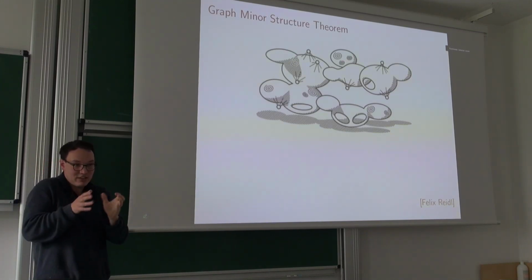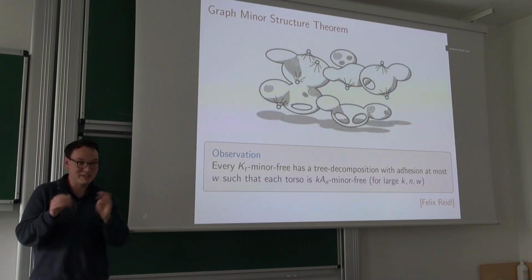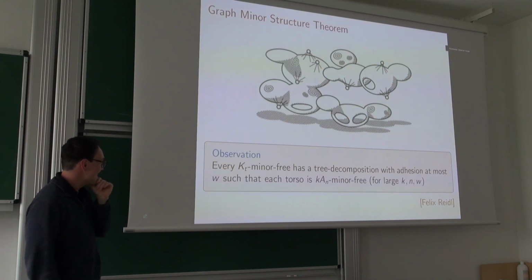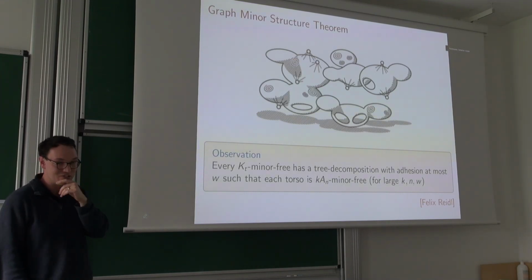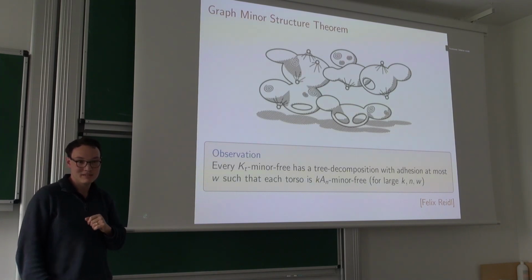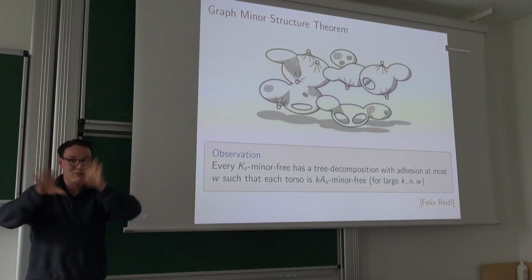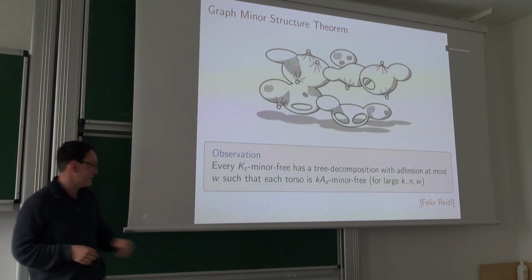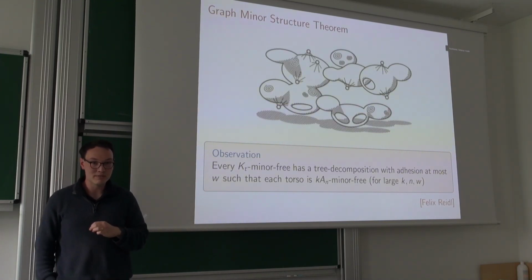So if you know graph minor theory well enough, hopefully you can convince yourself that every torso is going to exclude k disjoint copies of the apex grid as a minor. Because there's only a bounded number of apex vertices we can use, we can't pump too many disjoint copies of the apex grid within a single torso.